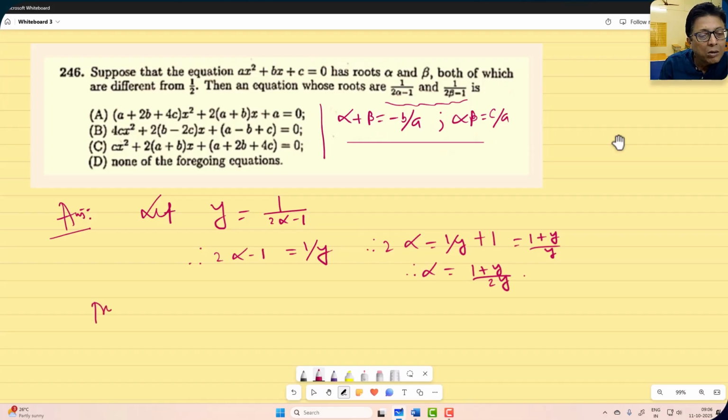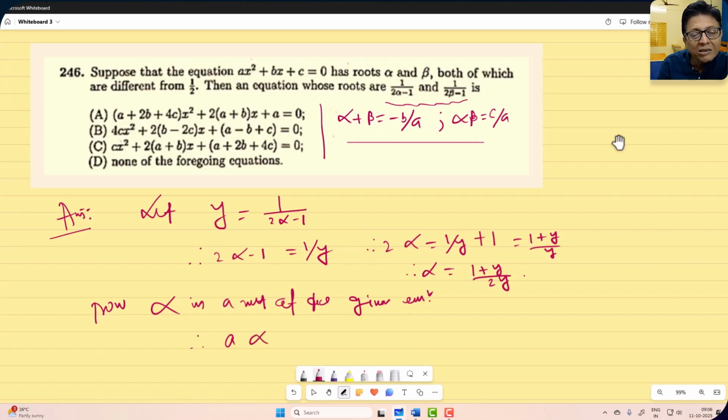Now alpha is a root. The method I have already explained, I am applying for this sum only. Alpha is a root of the given equation. Therefore, it must satisfy it: a alpha square plus b alpha plus c equal to 0.